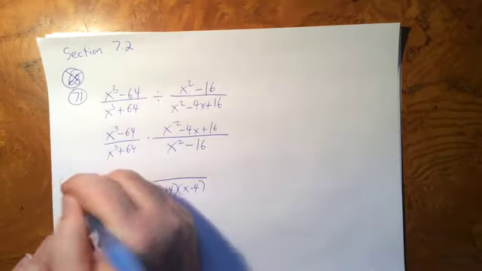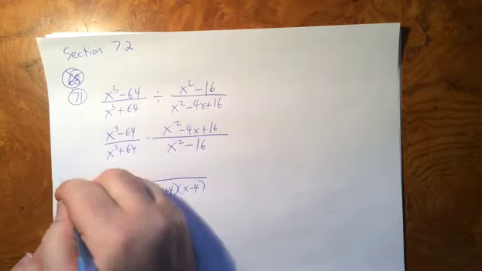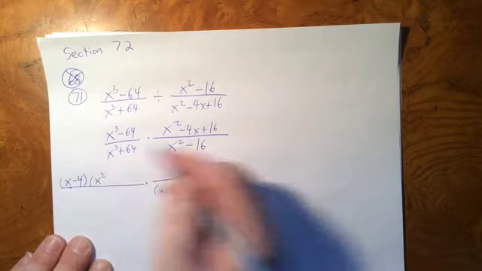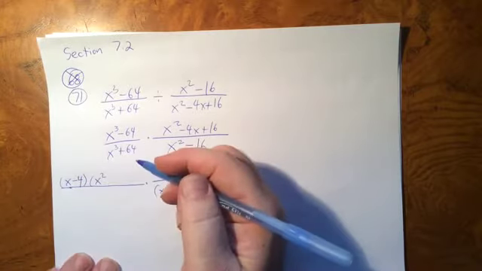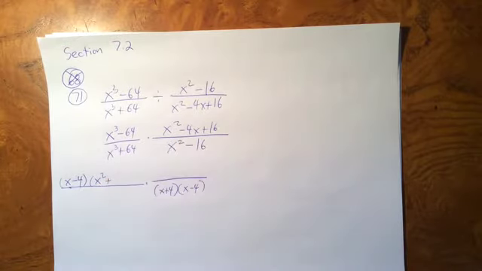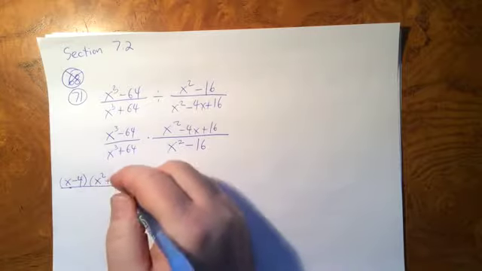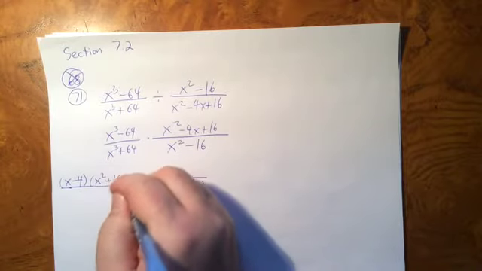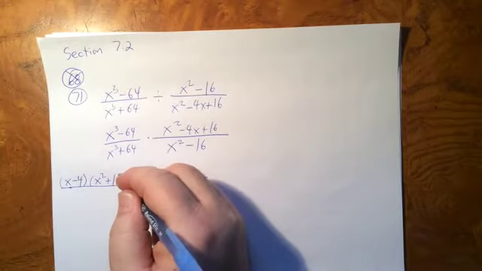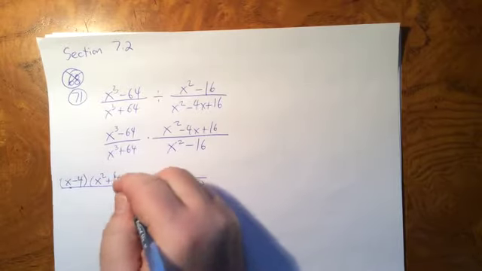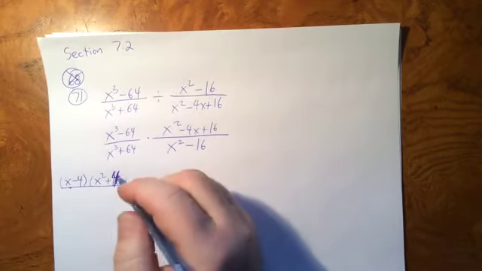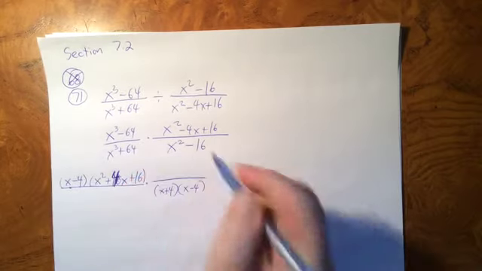So when I write the factors out, I'm going to have for this x minus 4 times x squared plus 4x plus 16. Sorry guys, I'm just making a mistake here.